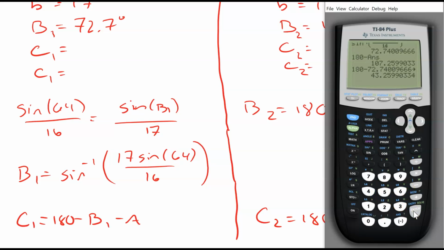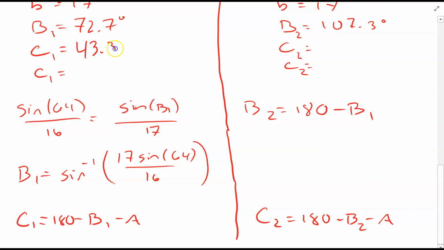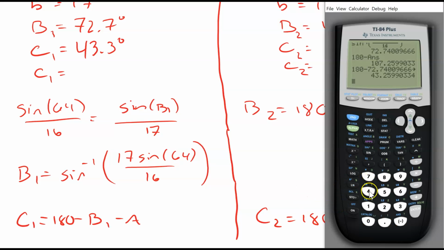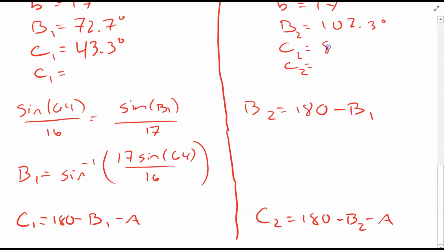So I get 43.3 there. And in triangle 2, I have 180 minus 107.3 minus 64. So I get 8.7 degrees there. So far, so good.